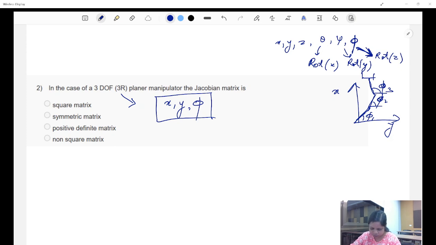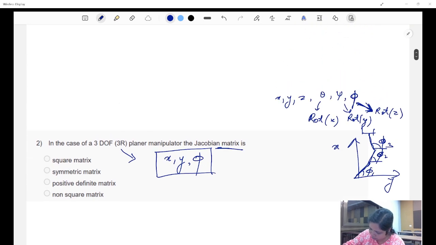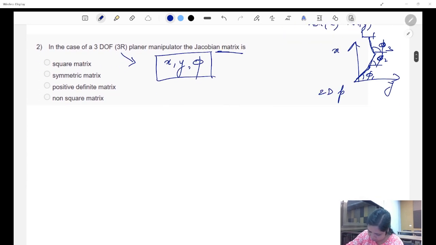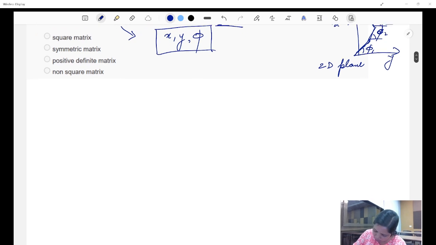Now, we want to answer the question, what is the order of Jacobian matrix? Is it a square matrix? Is it a symmetric matrix? Is it a positive definite matrix? Or is it a non-square matrix? Okay, let's move ahead. So, your end effector can definitely for this move in a 2D plane. Okay. And what does Jacobian do?